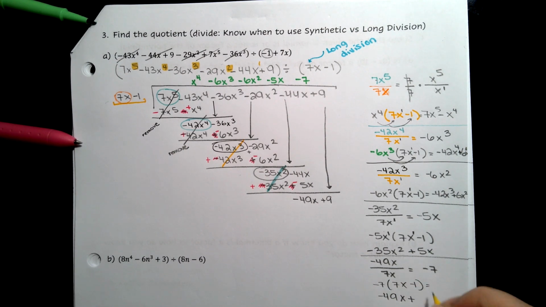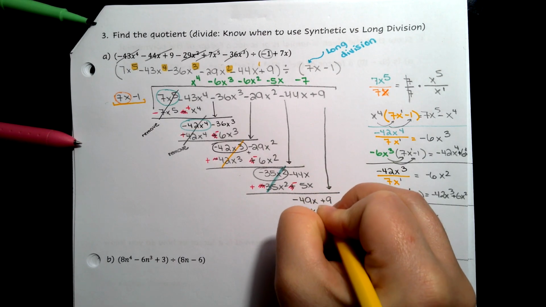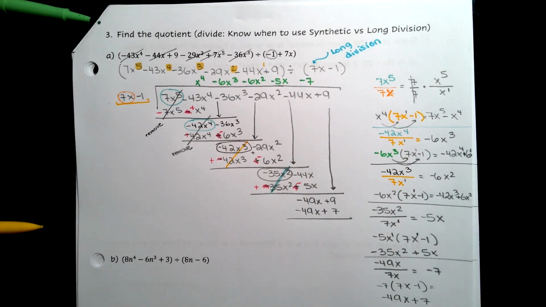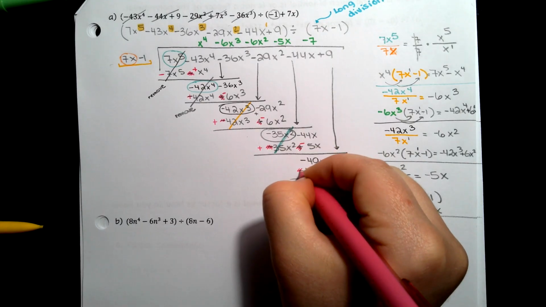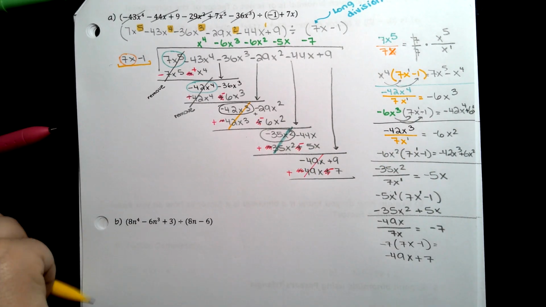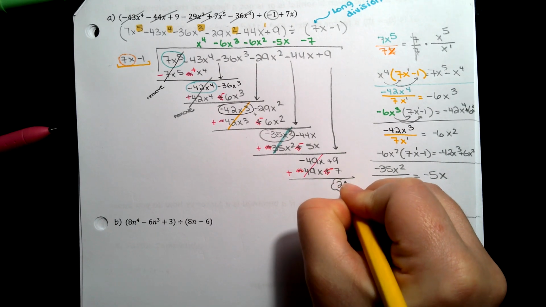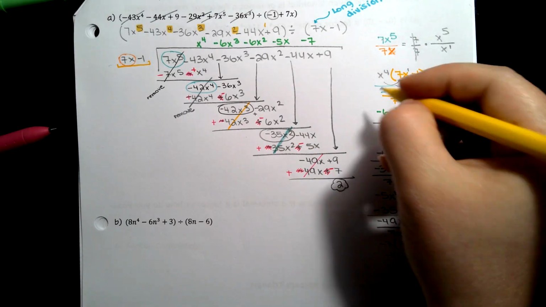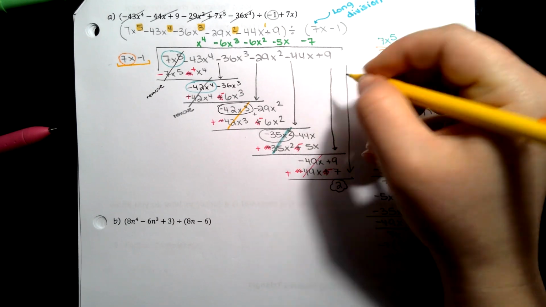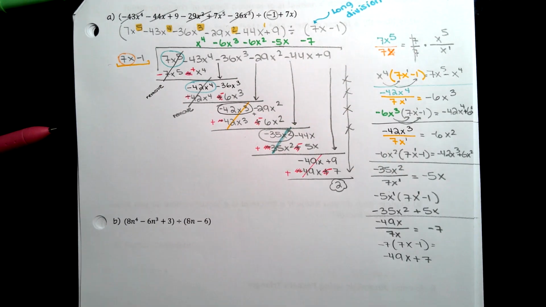And then we get positive 7. Again, go back and change your signs. That's going to remove. We get 9 and, so 9 plus a negative 7, which is 2. Since I have nothing more to bring down, that means we are done.